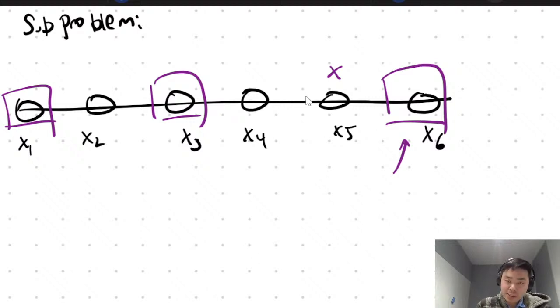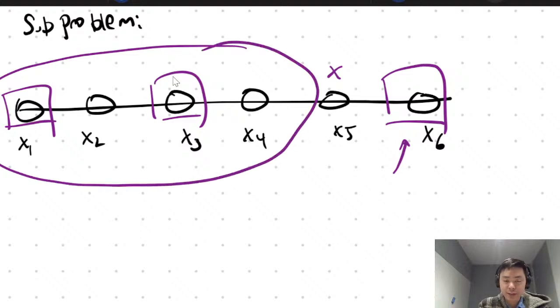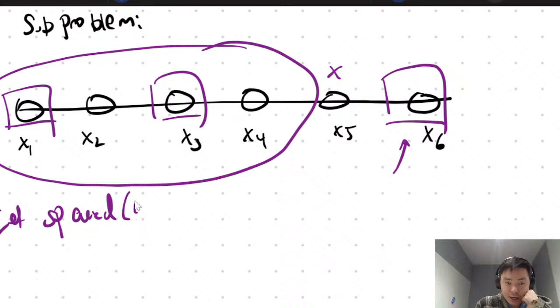And so the question is, assuming I choose x6, I basically look at the spaced subset of this set here. And then I choose the maximum over all of the possible spaced subsets here. So what could my subproblem definition be in this case? Let space of I denote what?